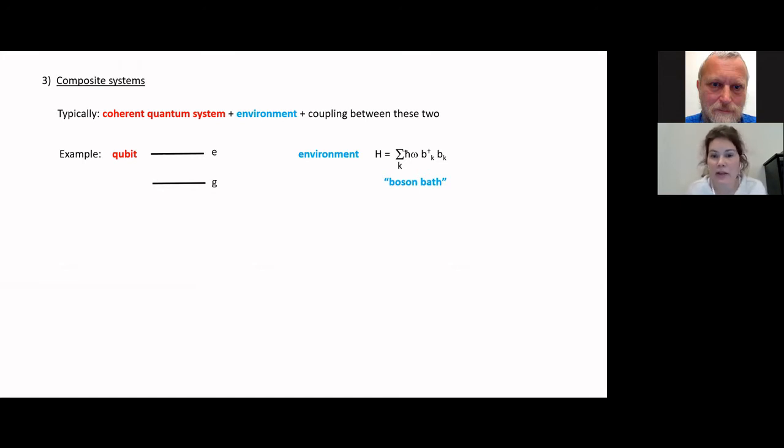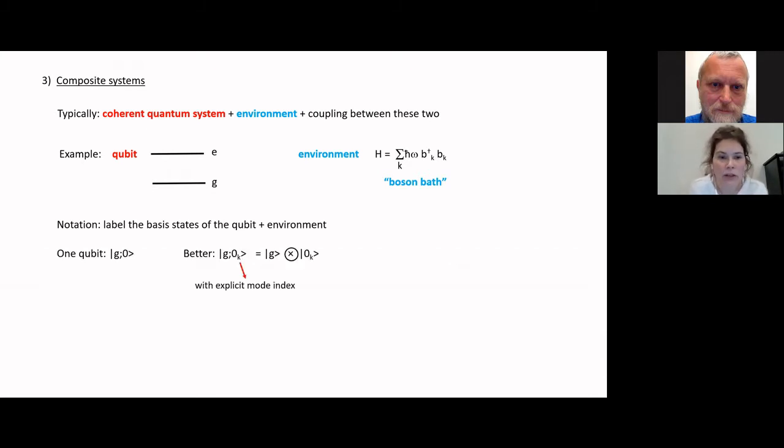So there's the qubit and there's the environment. What is a convenient notation for the states? Well, we have to label both the states of the qubit and of the environment. So for example, if you have one qubit, you could have a label G, it's in the ground state. So the state of the entire system is: qubit is in the ground state. And imagine that there are no modes yet. So the environment is in the vacuum state, which I will indicate with the 0 here.